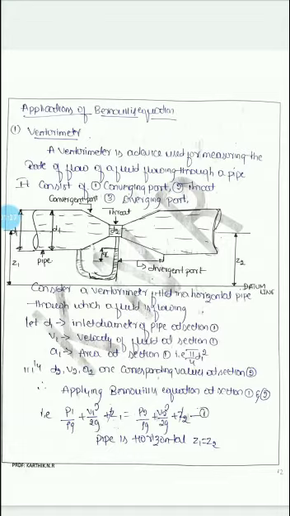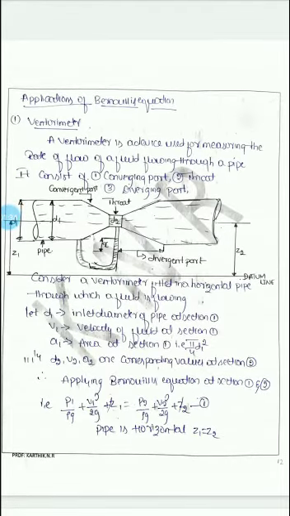Consider a venturimeter fitted in a horizontal pipe. We need to measure the discharge in that horizontal pipe, so we fit a venturimeter in the pipe where the fluid flows. Let D1 be the diameter of the pipe and D2 the diameter of the throat.